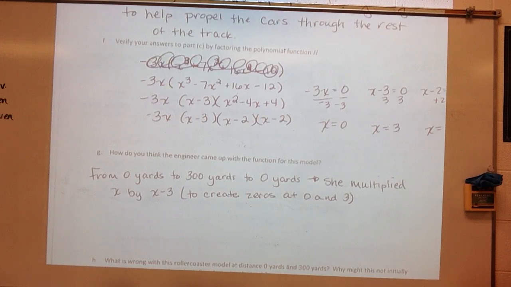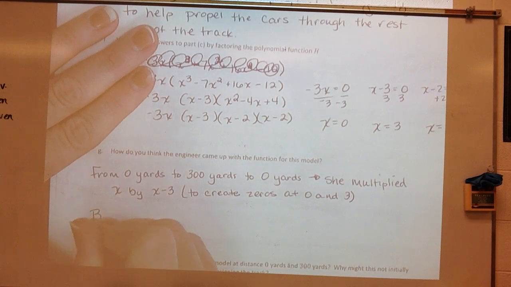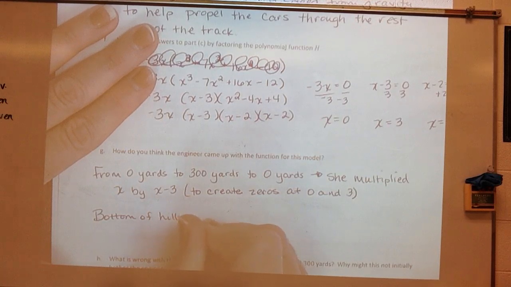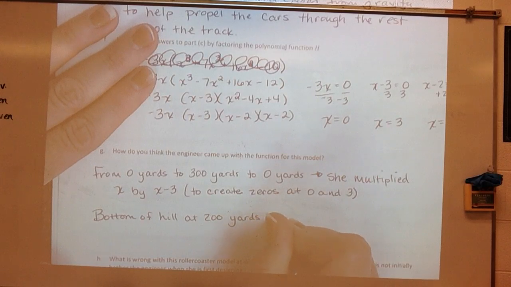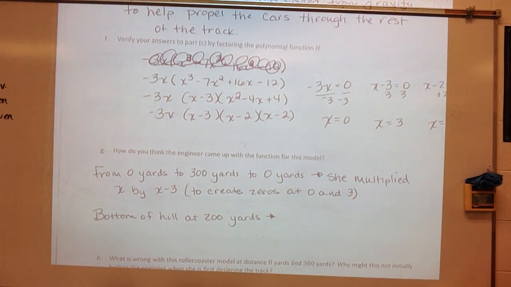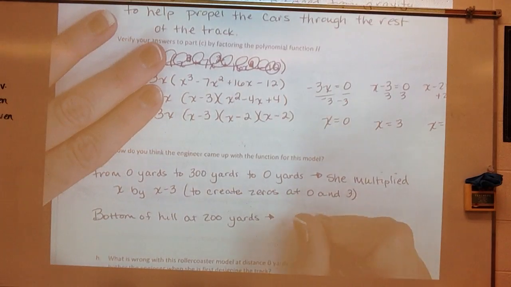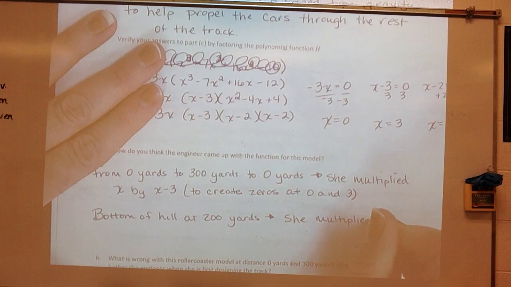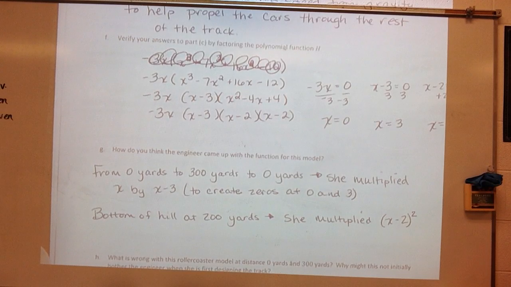Now I need to talk about how she gets that little small hill. Alright, so the bottom of the hill at 200 yards. How did she create that? She multiplied x minus 2 squared. All right?